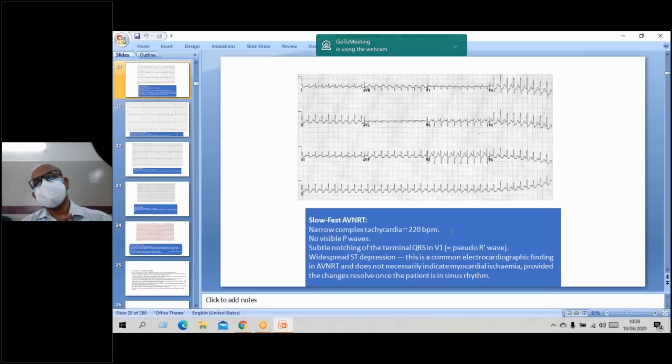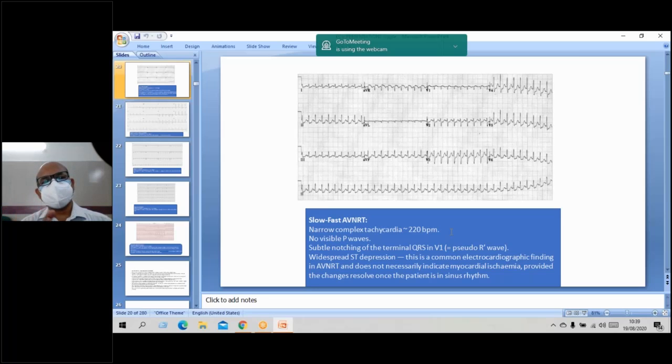Before giving treatment, first of all, assess the patient. If your patient is hemodynamically stable, first of all reassure the patient that the disease is not malignant, it is a benign condition, and you will recover.